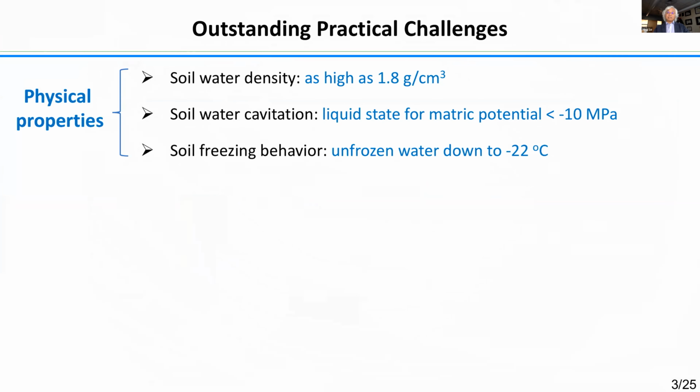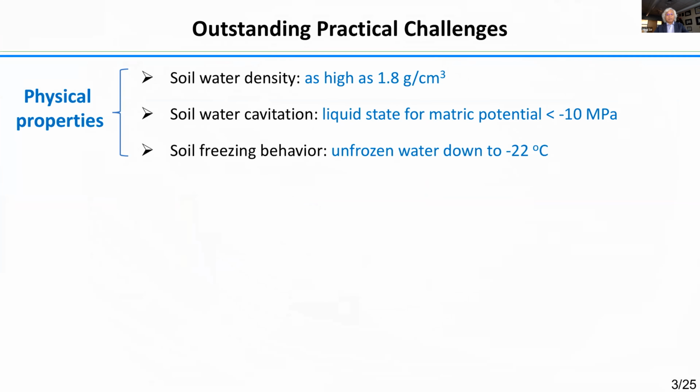So let's look at some examples of outstanding challenges for our community. The first is in the physical property of the soil. We always assume that the unit density of soil water is 1. That's how we calculate the phases of air, liquid, and solid, and we do the phase diagram.